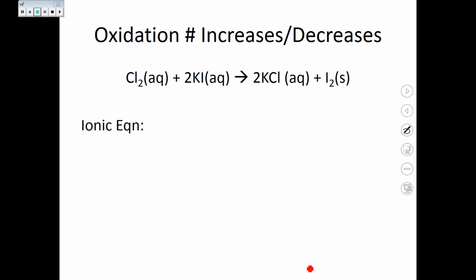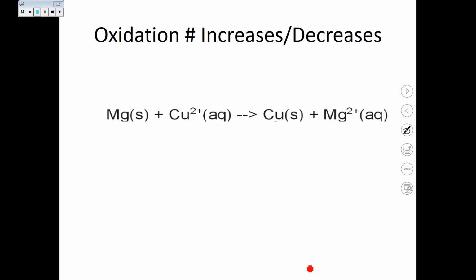I think we already did this one, so we're going to skip this one. Let's take a look at this one. This is an equation that is already written in its ionic form. So all we have to see is which one's being oxidized and which one's being reduced. Magnesium is a solid. It's not bonded with anything, so it has no oxidation number. Copper is going to be plus 2.